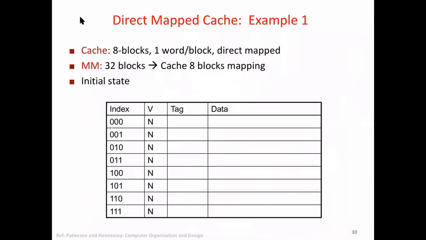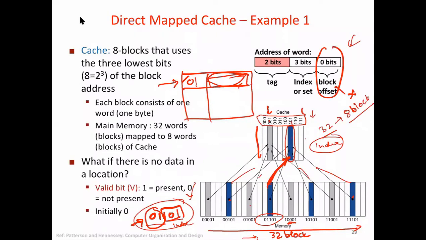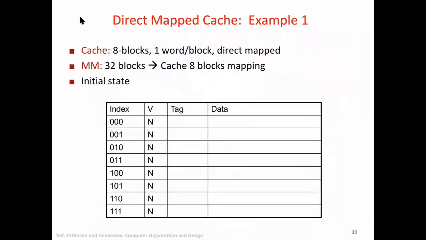If you don't understand, we'll come back again to this concept. Now look at this: 32 blocks of 1 byte each are mapped into 8 blocks of 1 byte each. Essentially 4 of these are mapped into 1. The same thing is shown here, main memory 32 blocks to 8 blocks mapping.